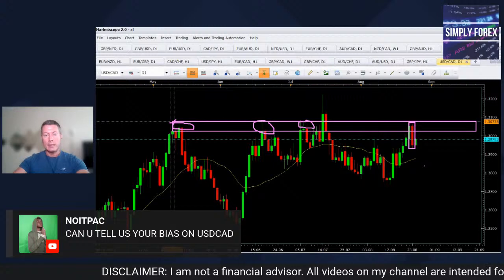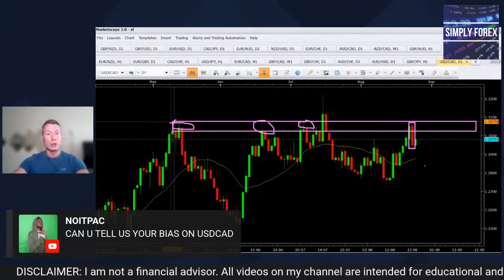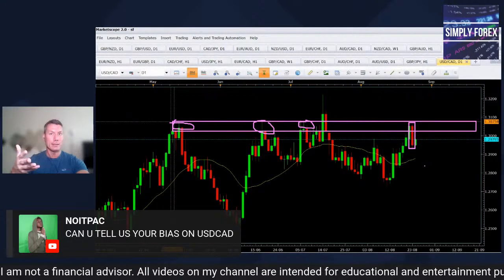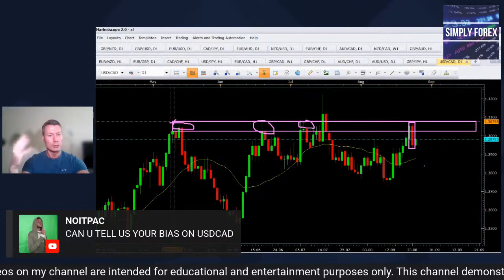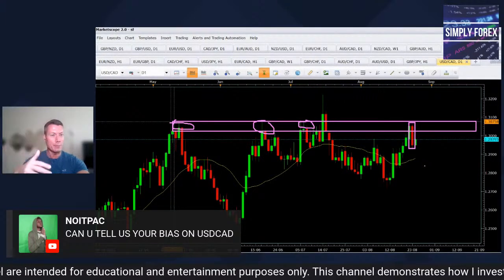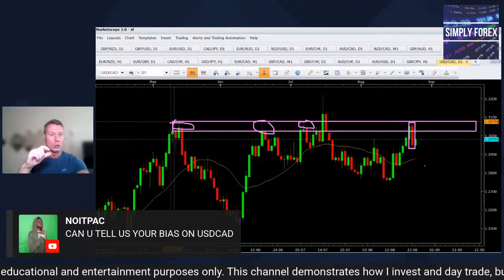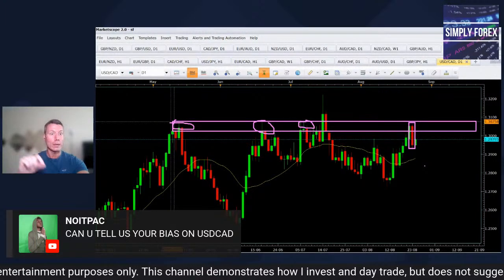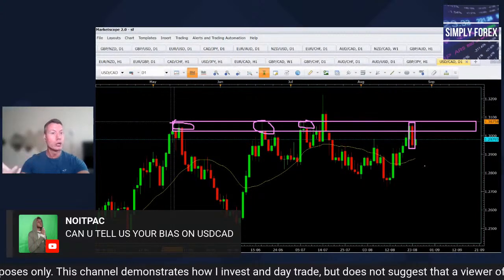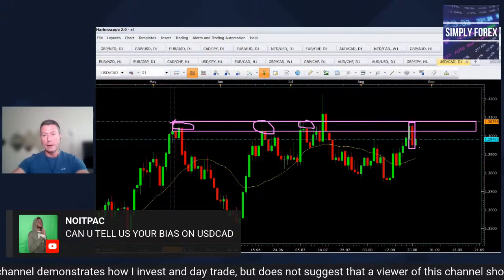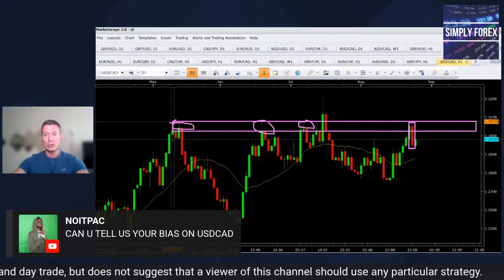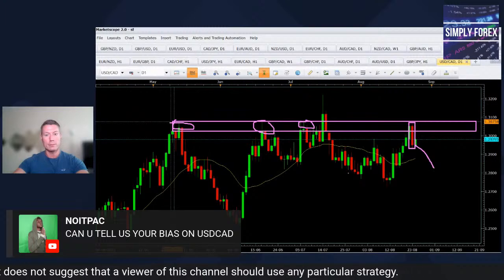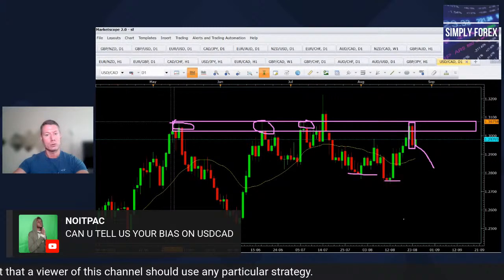Also, a lot of the US dollar pairs are at these weekly levels. GBP US dollar, Euro US dollar, all at these weekly lows or highs, so we could see a reaction. Because of this candle, I would potentially look for shorts down to perhaps these lows.